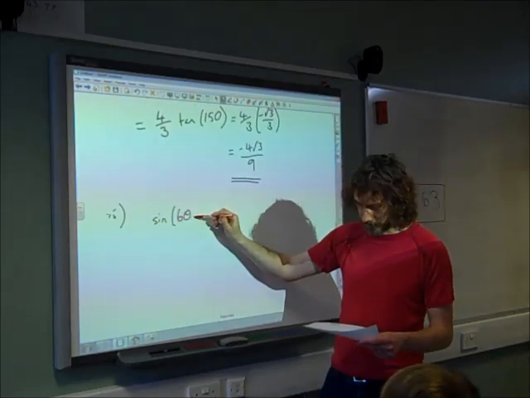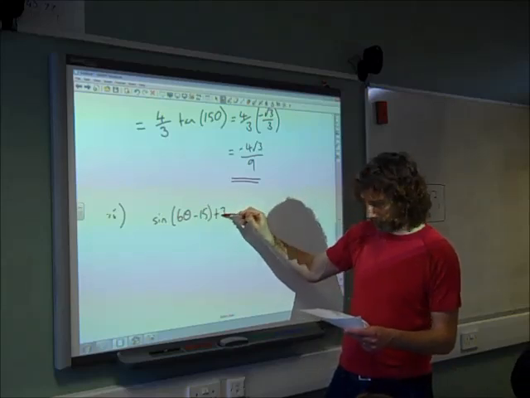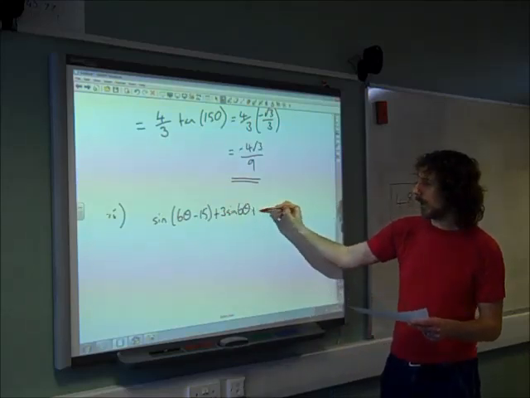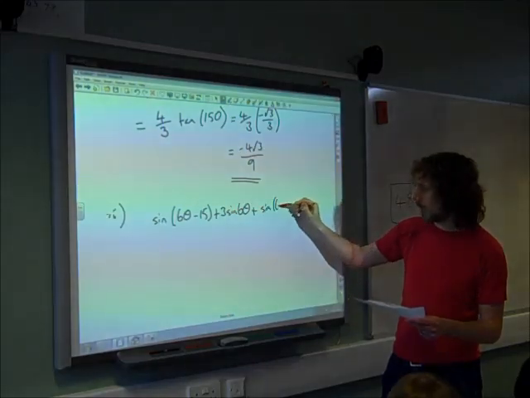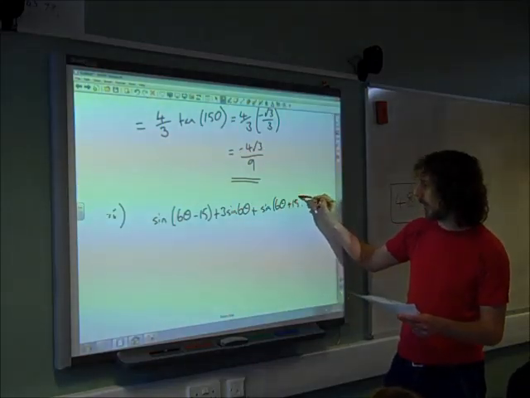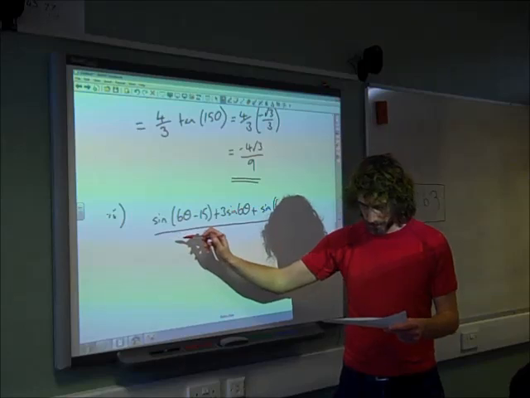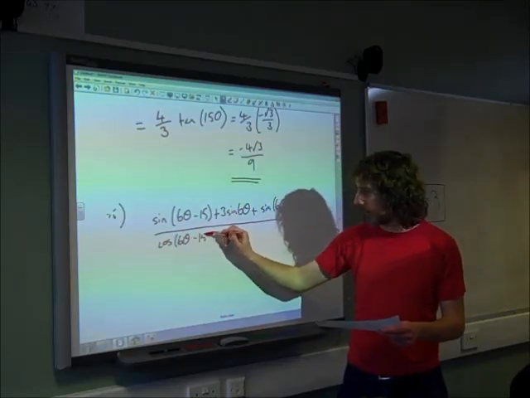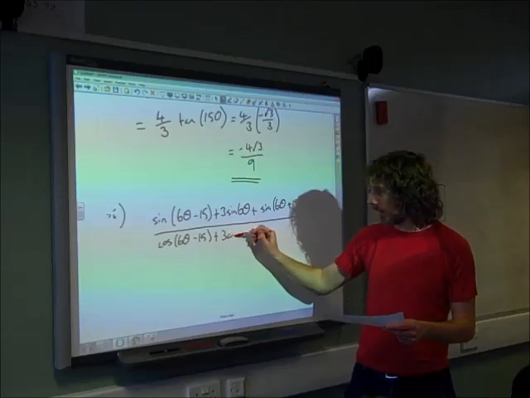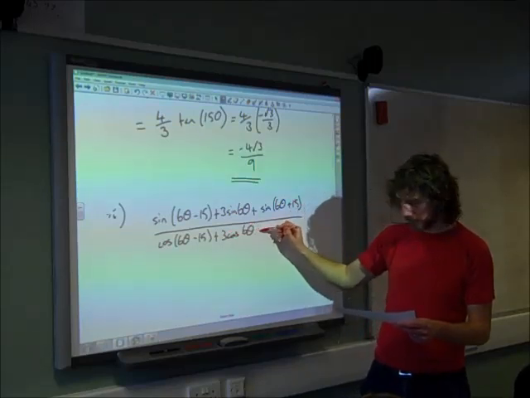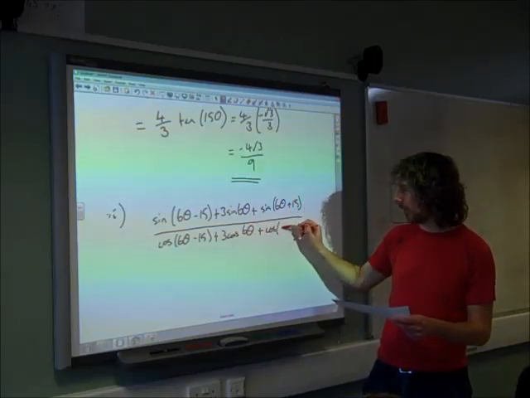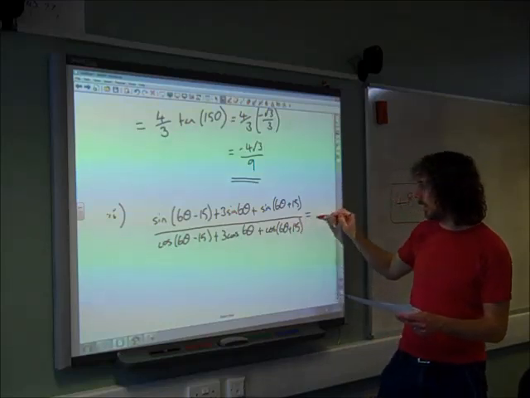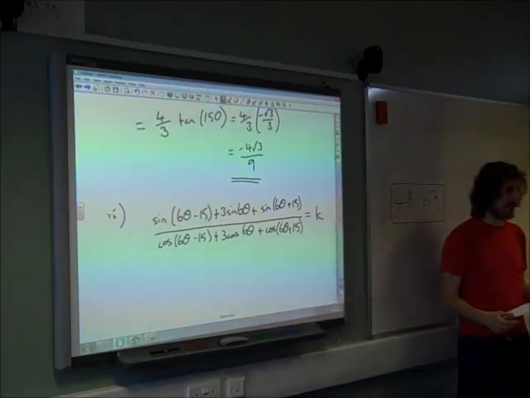So it said (sine 6 theta minus 15 plus 3 sine 6 theta plus sine 6 theta plus 15) over (cos 6 theta minus 15 plus 3 cos 6 theta plus cos 6 theta plus 15) equals k.